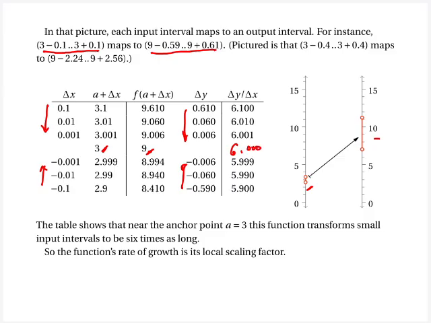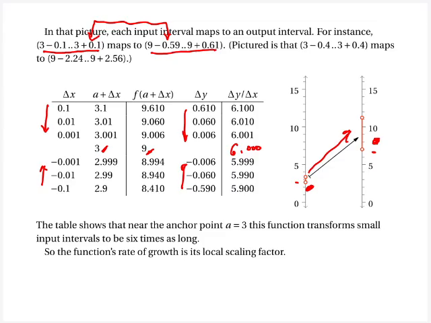That is to say that in moving from the left-hand side to the right-hand side, in the neighborhood of x equals 3, intervals grow to be 6 times as big. Again, in moving from the x's on the left-hand side of this picture to the y's on the right-hand side, intervals grow to be 6 times as big. And you see that up here: this interval grows to be about 6 times as big.